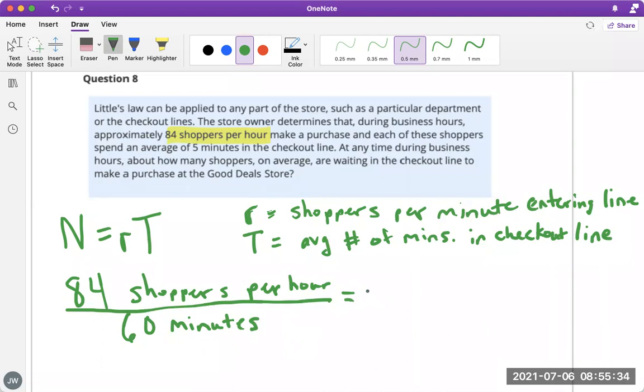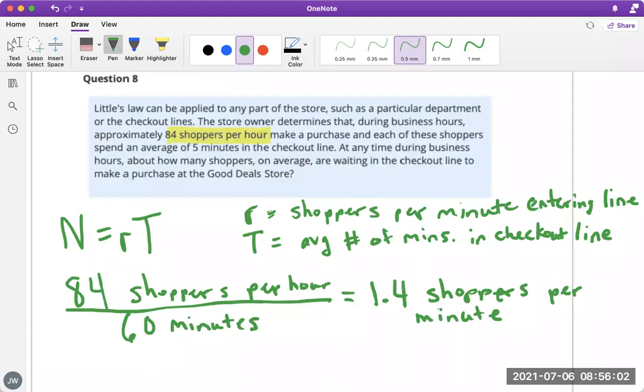Okay, I have 1.4. And that number represents shoppers per minute. Right? We had to convert because there's no way to solve it without changing that.